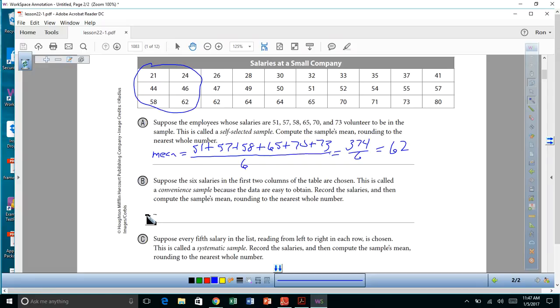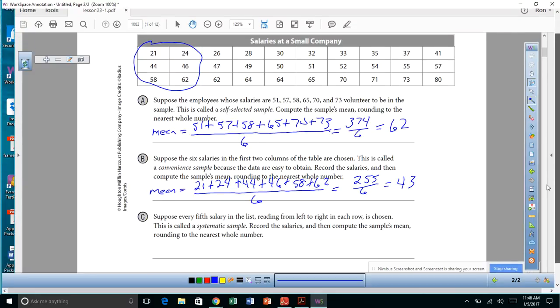The mean equals 21 plus 24 plus 44 plus 46 plus 58 plus 62. Again, we've got 6 numbers. We add them up and get 255, divided by 6, which is about 43.